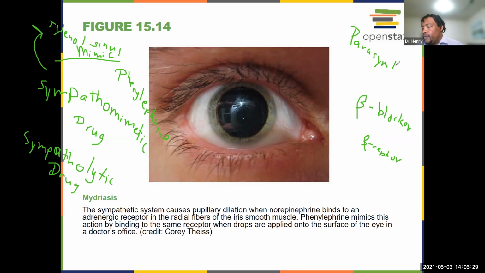Your book has a really good table to look at for some of the drugs, and some mnemonics.